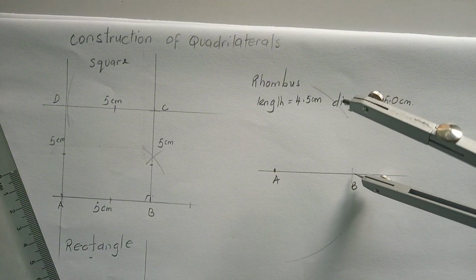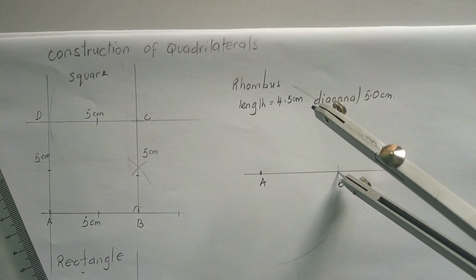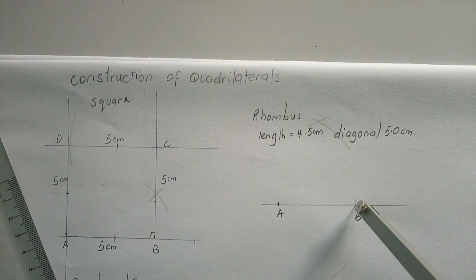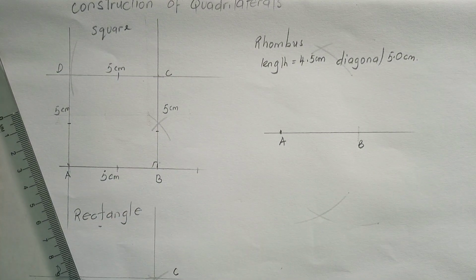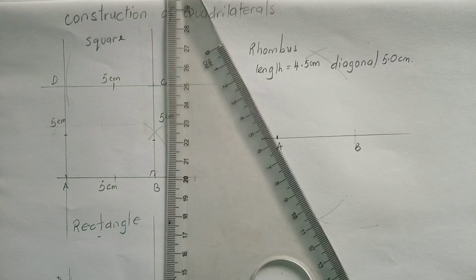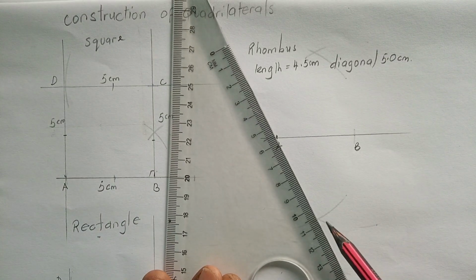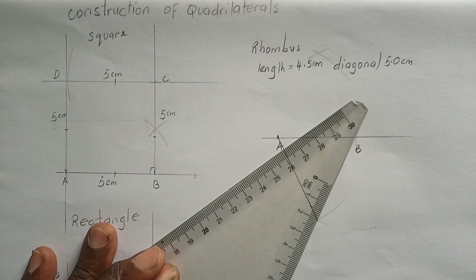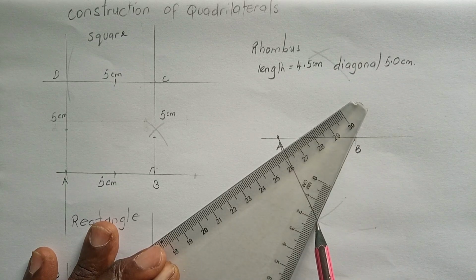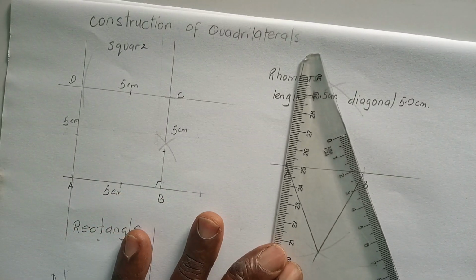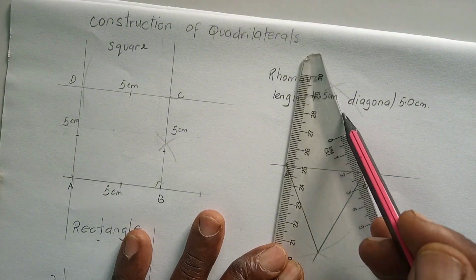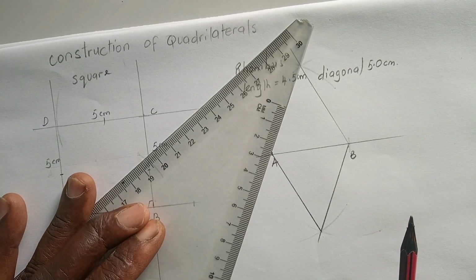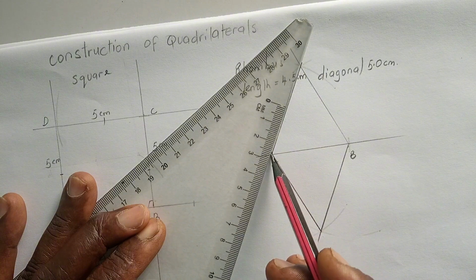Then we stand here, join this point to that point, this point, that point, this point here, we join it to that point, this point here, point A, we join it to the tip there.